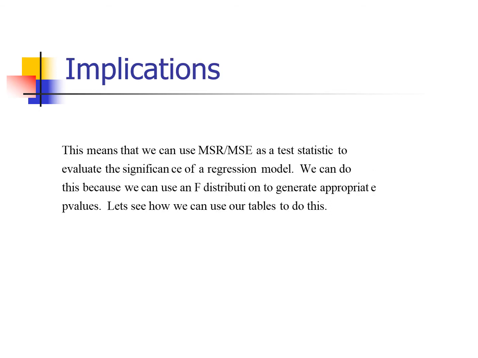That means that we could use the MSR over MSE as a test statistic because all those previous math facts imply that it follows an F distribution. And since we know the distribution, we can use it to generate p-values.